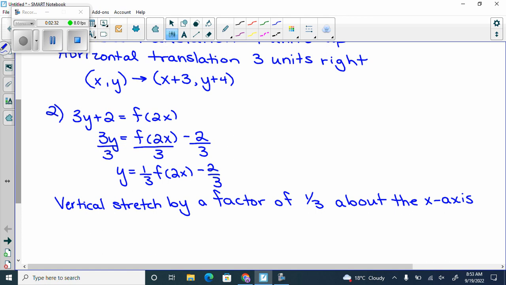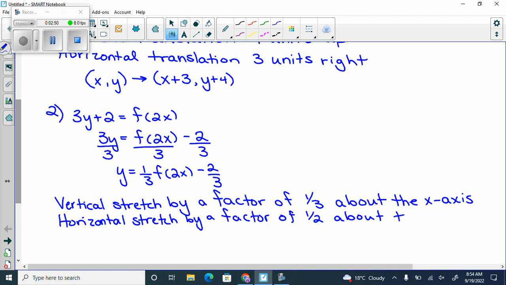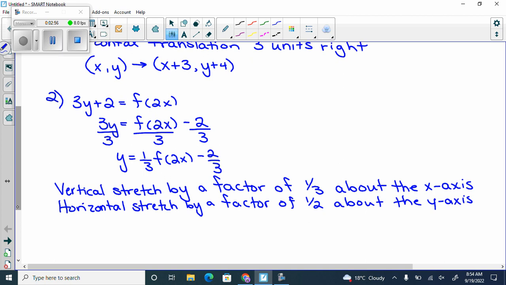No, this was positive, this was positive. It is a horizontal stretch by a factor of what? Yeah, always flips. About the y-axis. And then a vertical translation 2/3 down.